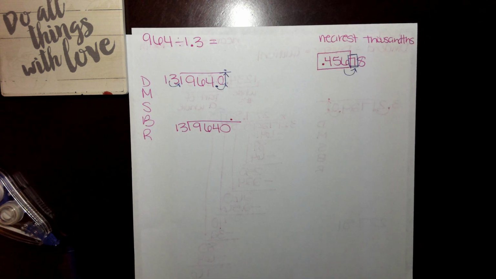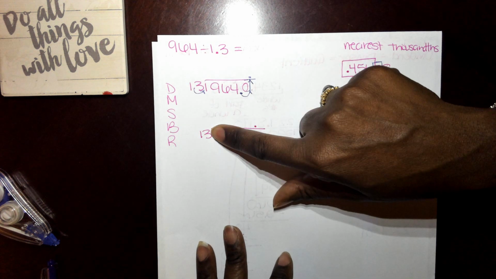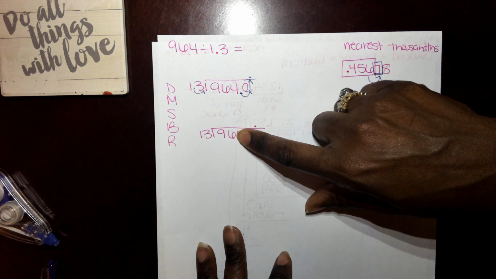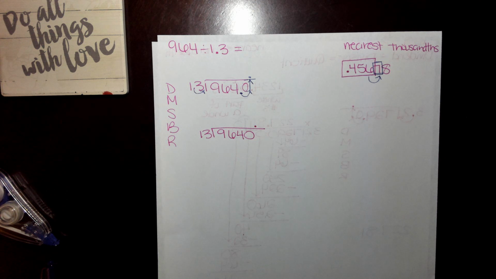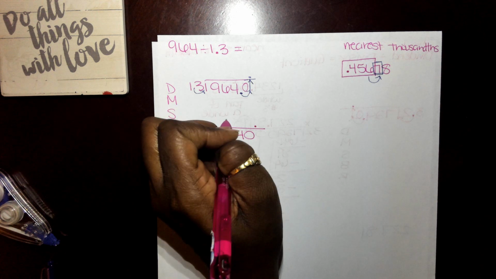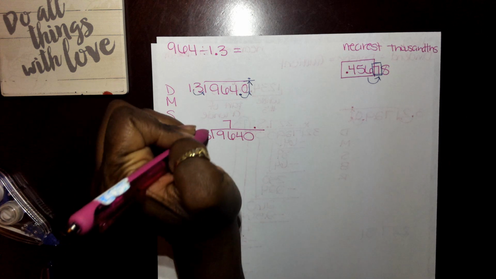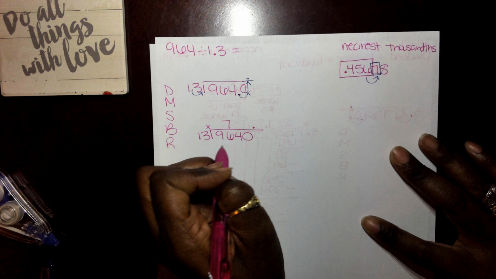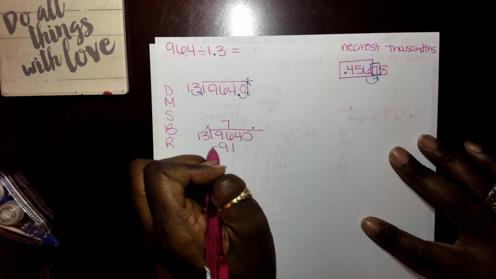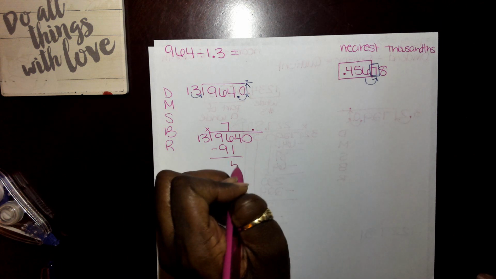All right, so now we are going to begin our process. 13 cannot go into 9, but it can go into 96. 96 divided by 13, it can go in there 7 times. So 7 times 13, because now we do our multiplication, is 91. Then we subtract to find the difference between those two numbers. 91 from 96 leaves me with 5.